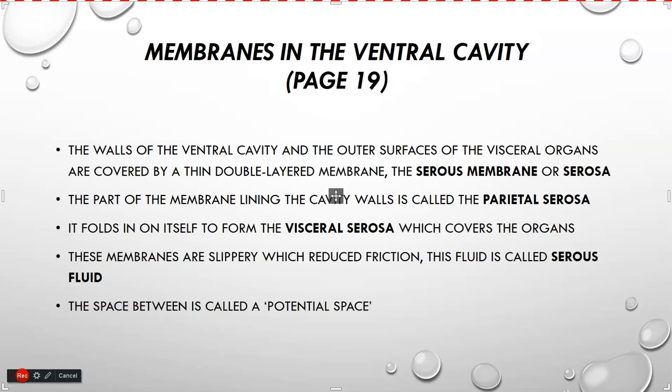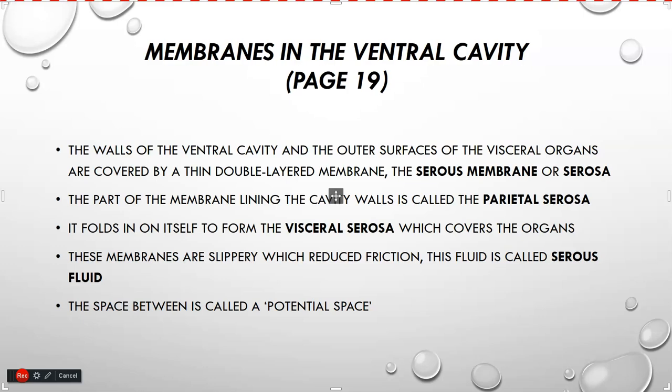The part of the membrane that lines the cavity walls, so whether it's the abdominal pelvic cavity or the pleural cavity or the pericardial cavity, what lines those? If we remove the organs, there is a lining that fills that cavity. That is known as the parietal serosa.